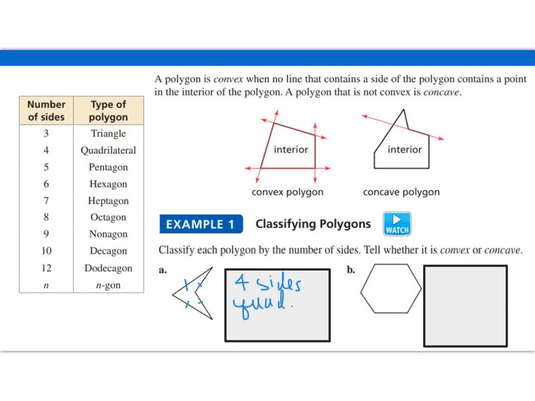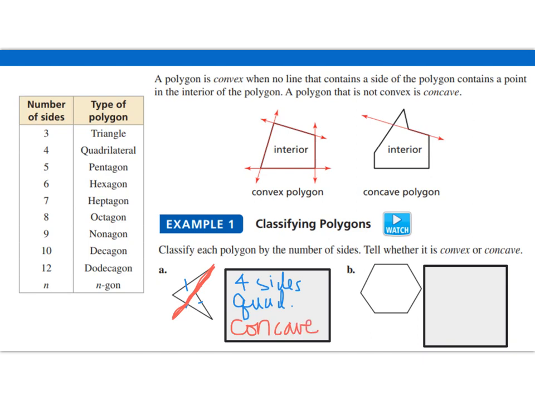And because my polygon has a side where, if I follow that side length, I can cross through the inside of my polygon at some point, that means I have what we call a concave polygon. So this here would be concave.